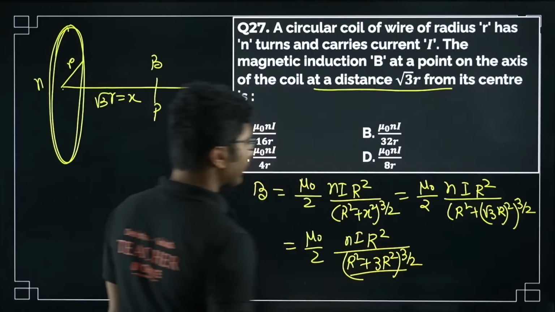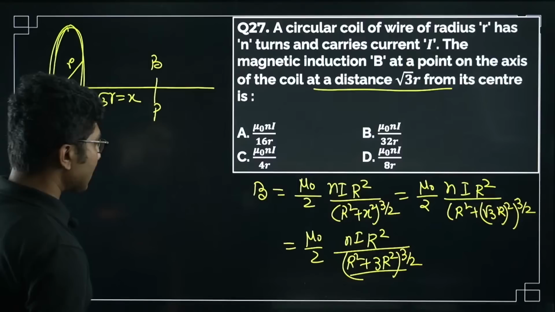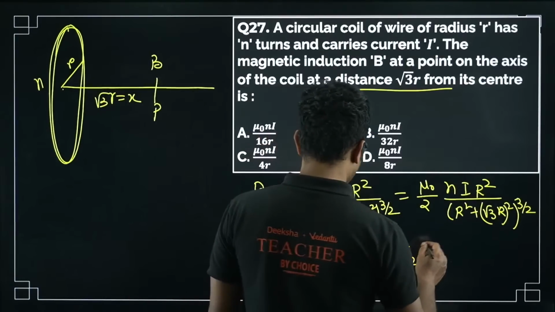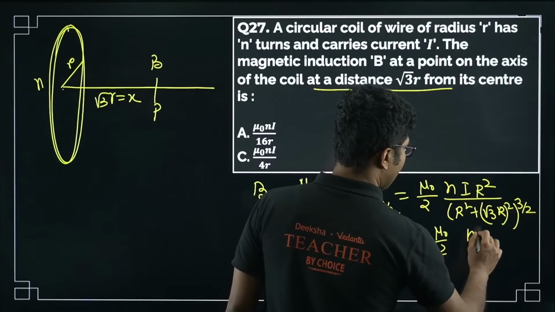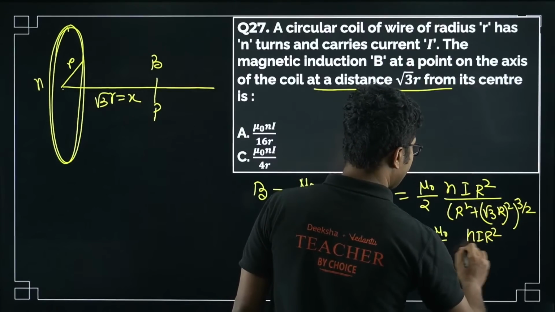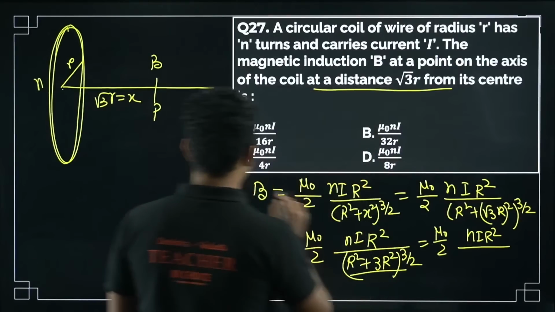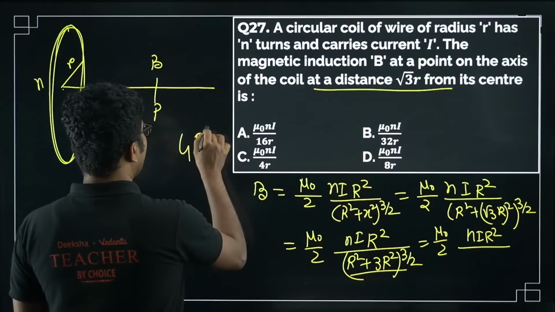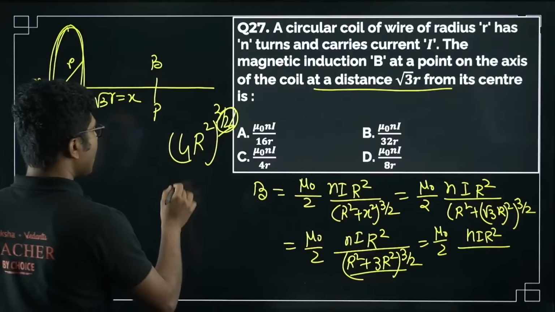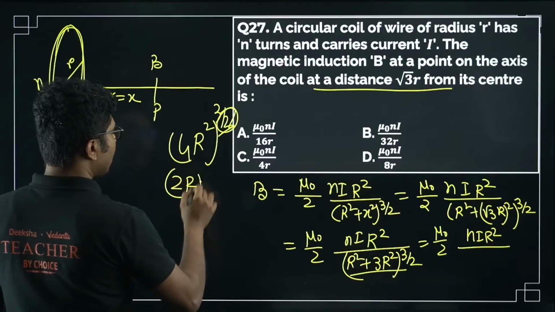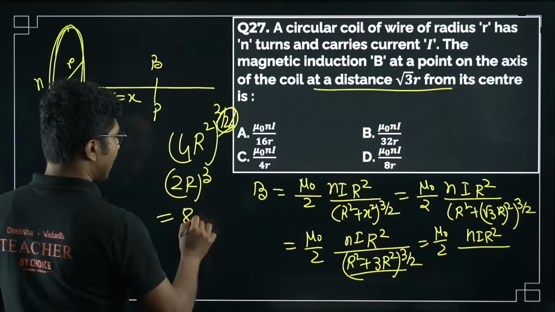So 3r square plus r square is 4r square. So you will get mu naught by 2 n I r square divided by 4r square to the power 3 by 2. First we will do the half, that will be 2r to the power cube, that will be 8r cube.